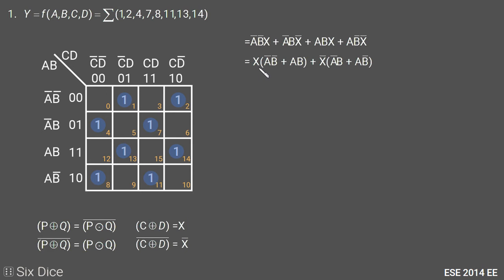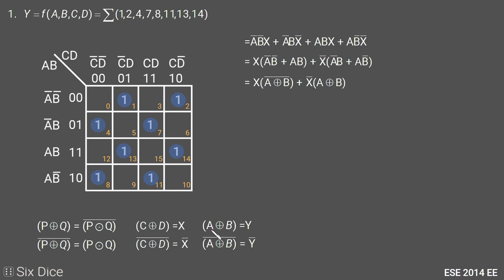When we take x common, the remaining expression is A XNOR B, and for x bar common it is A XOR B. So it is given as x times (A XNOR B) plus x bar times (A XOR B).